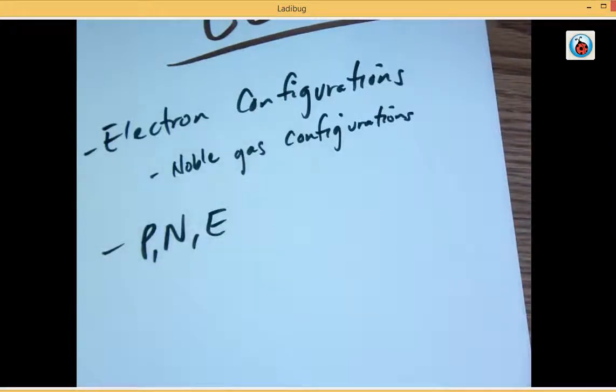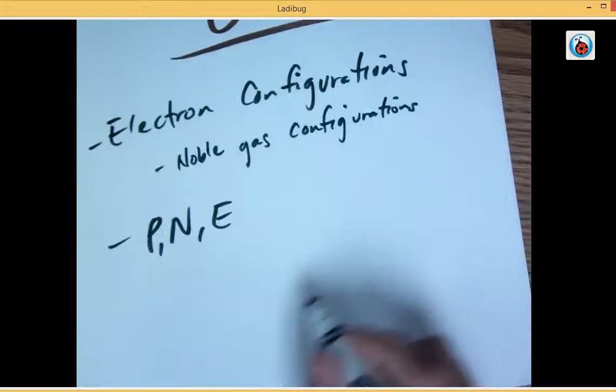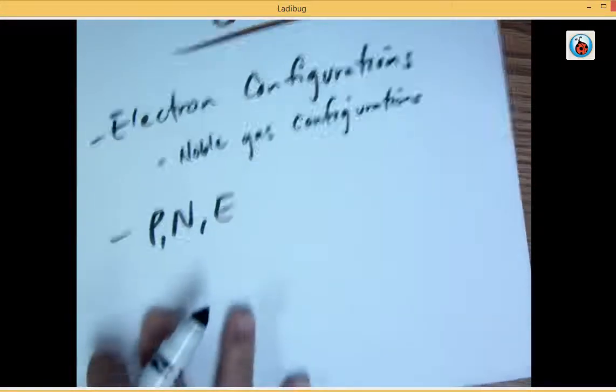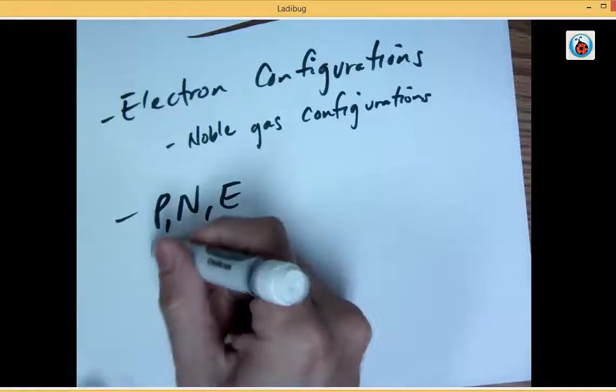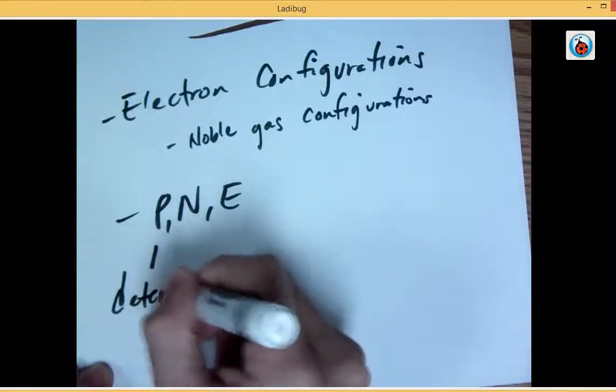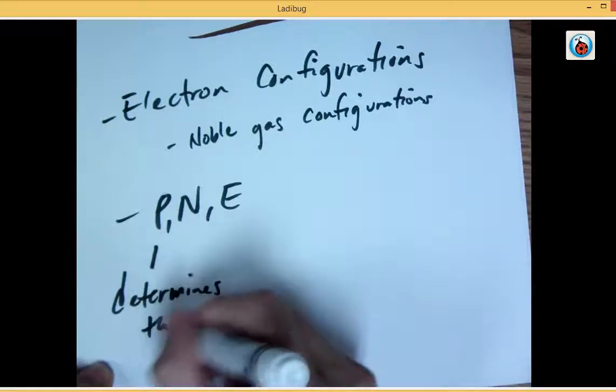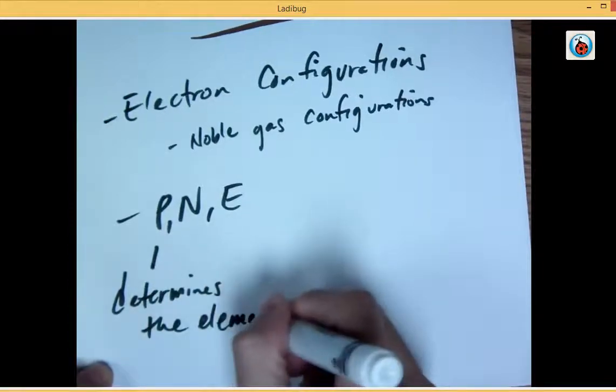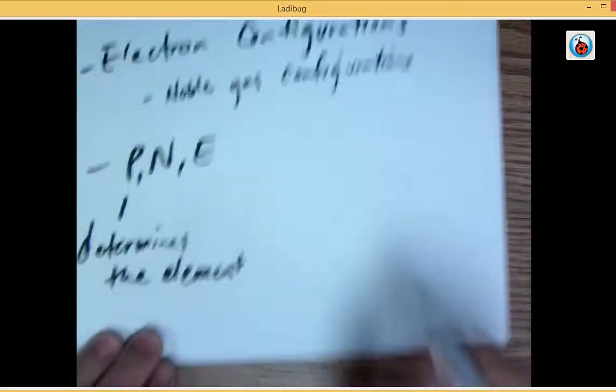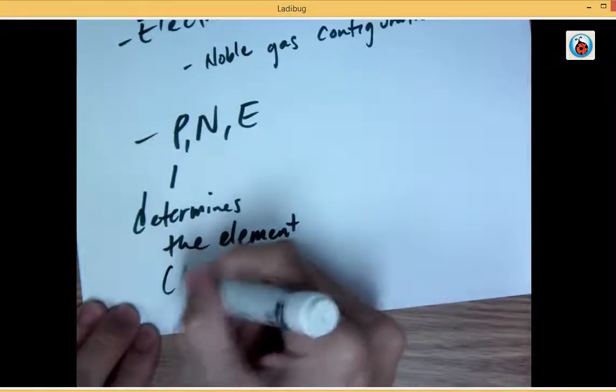And so different things about the properties of an element: the number of protons, the number of neutrons, the number of electrons. Which one of these determines what element it is? Okay? Protons determine the element, because that is also equal to the atomic number.